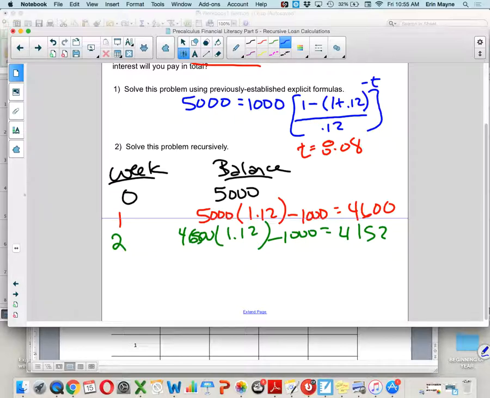I equate it to some sort of emergency situation. You get in a car accident and you have to fix your car, but you don't have any savings. But you do, on the other hand, have a good job, right? So they give you the money to pay and get your car back, but you have enough money to pay $1,000 per week. Okay?